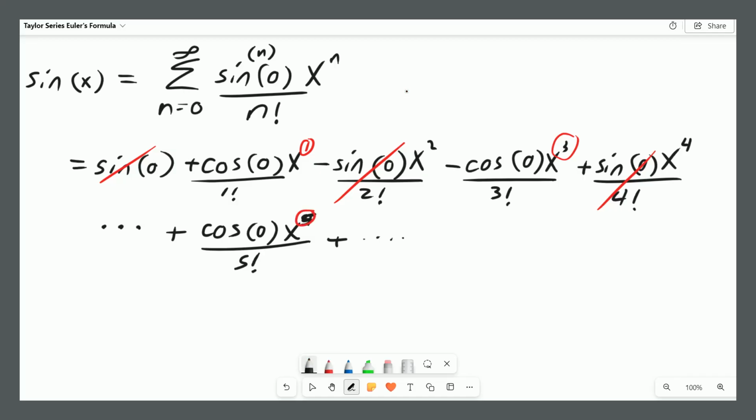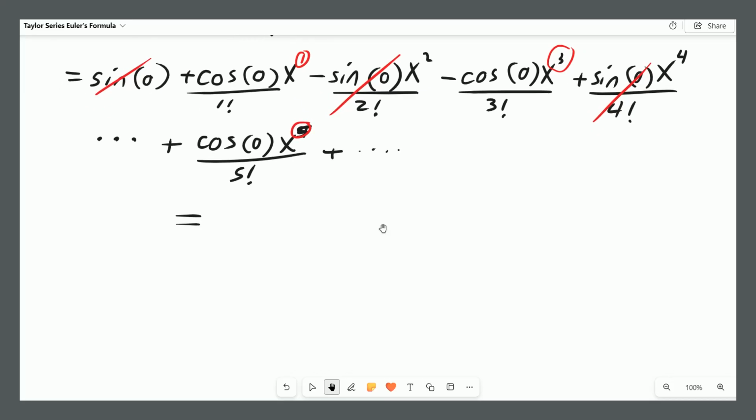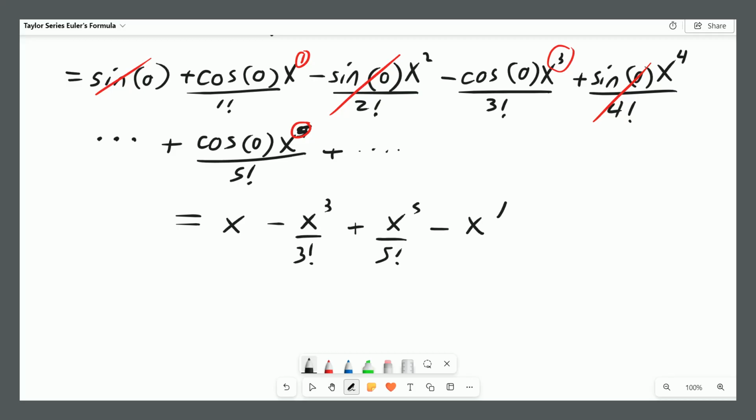So how would we write this in summation notation? Keeping in mind that cosine of 0 is 1, we have x minus x cubed over 3 factorial plus x to the power 5 over 5 factorial, and we're going to have that positive negative always alternating.